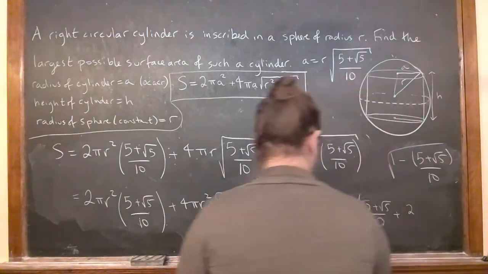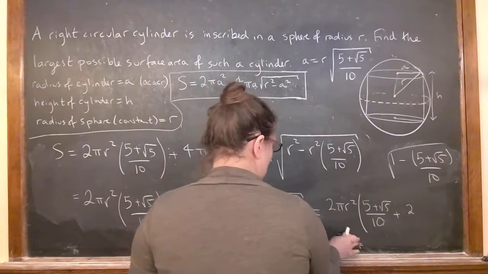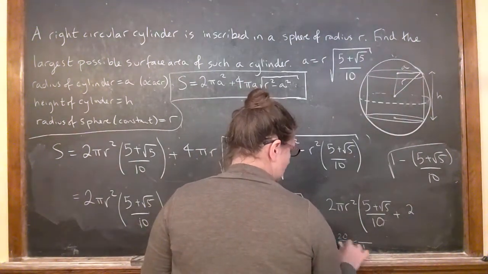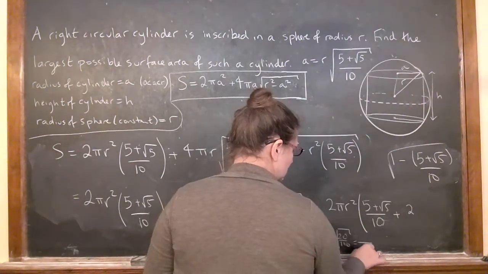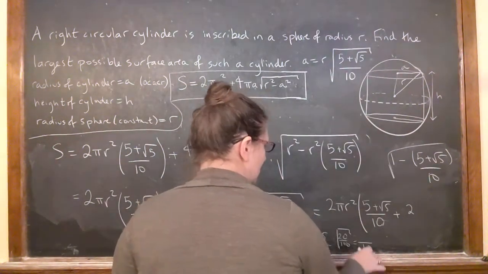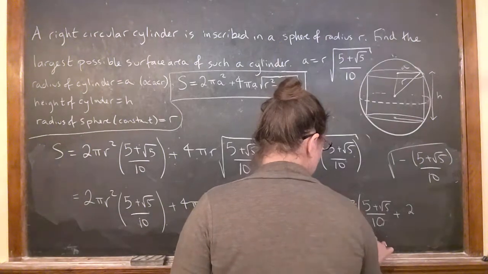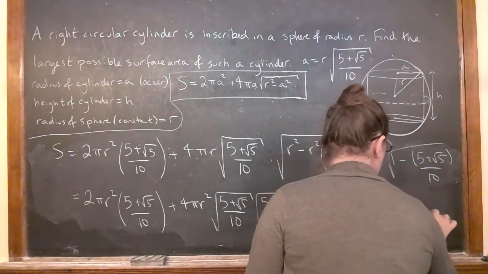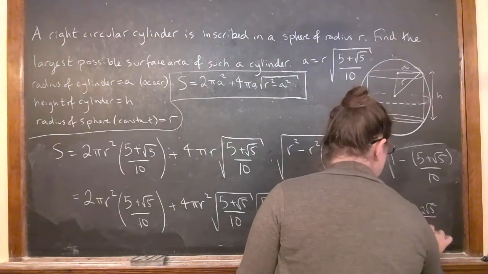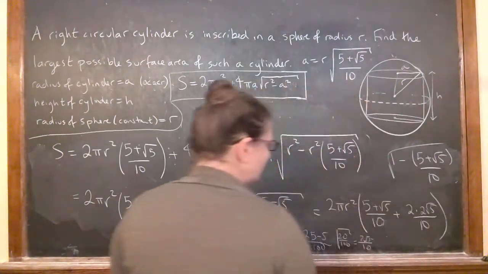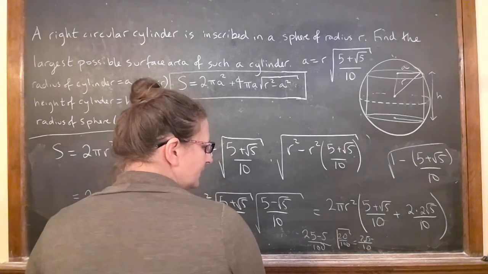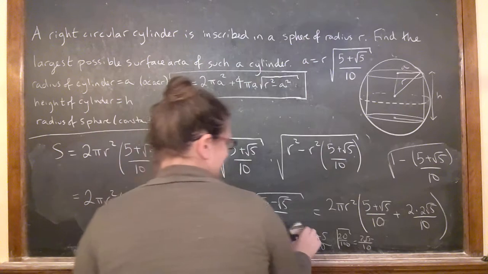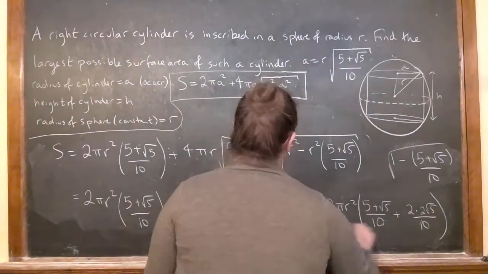If I just leave this as 20 over 100, then I have a 10 square root of 20 over 100. I should have just done this before so you guys don't have to watch me. I apologize for being annoying. So 2 times 2 root 5 over 10. So 5 plus 5 root 5 over 10. Okay, so that's my answer. That's the final answer.